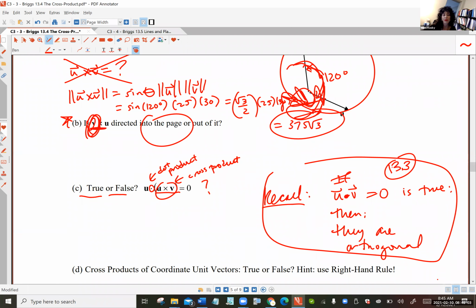Although in 4 or 5 dimensions, you can't even speak about something being perpendicular. So that's why we use the word orthogonal. So here, if this vector and this vector, their dot product gives you 0, they're supposedly orthogonal, right? Is that even true? Is the cross product of a vector u and v orthogonal to the original vector u?